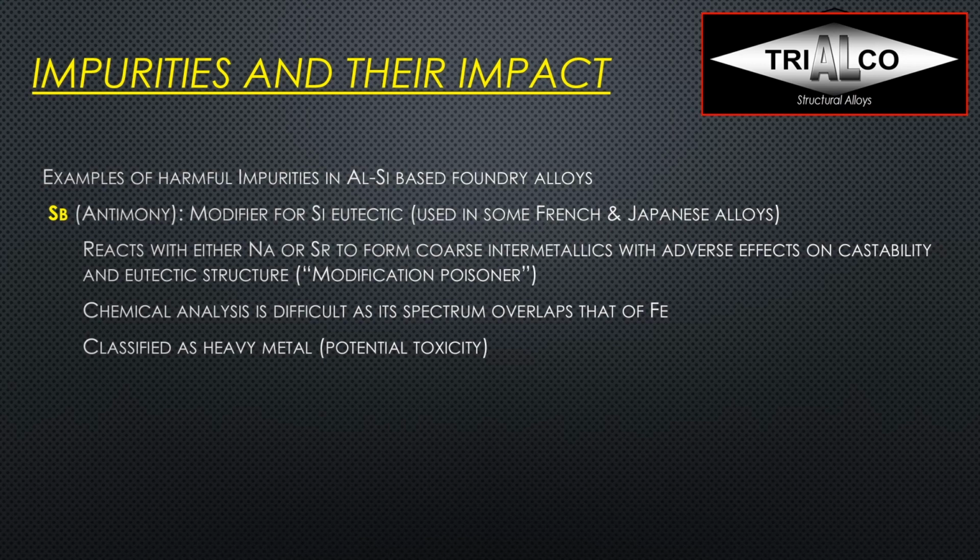So if you know that this could be an issue, you might want to specify a very low ppm limit for this. The chemical analysis for this can sometimes be difficult as its spectrum actually overlaps that of iron. It's also classified as a heavy metal, so it's potentially toxic, and therefore you might just want to limit it in any case.